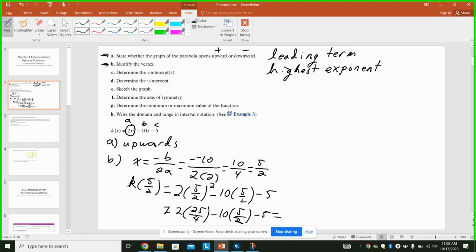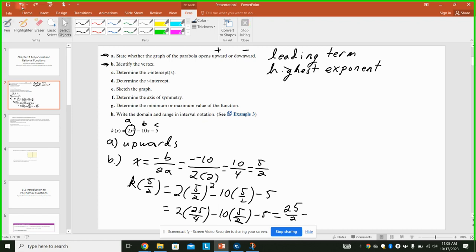When I take 2 times 25 over 4, that basically became what? 25 over 2. And then 10 times 5 over 2 is just what? Yes, that would give you 50 over 2.